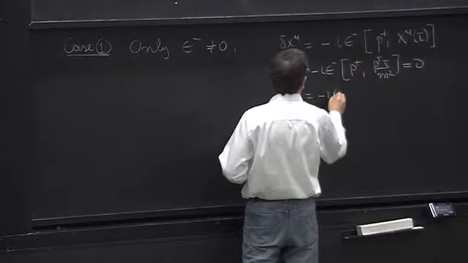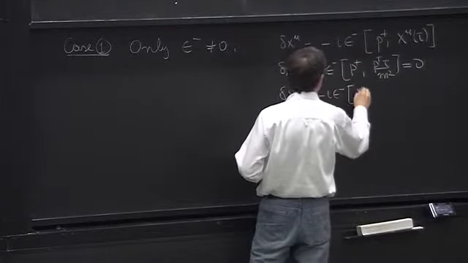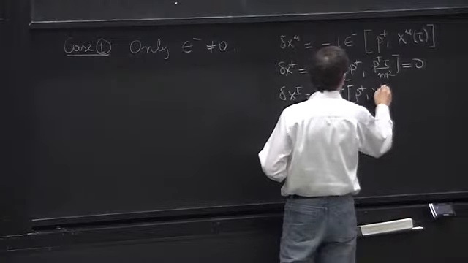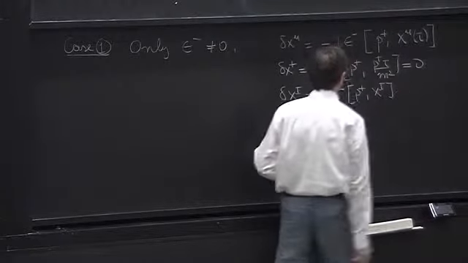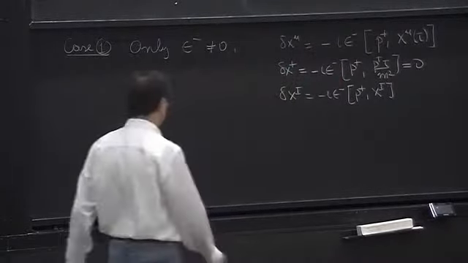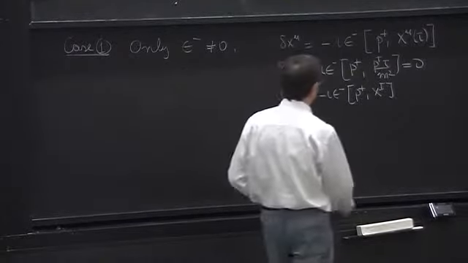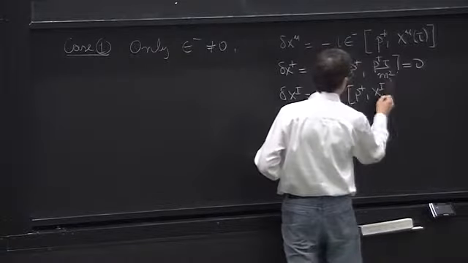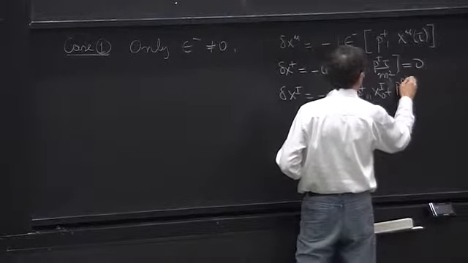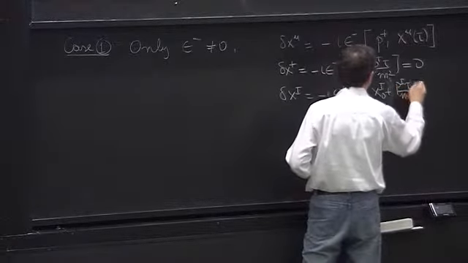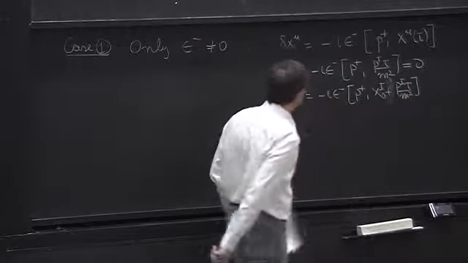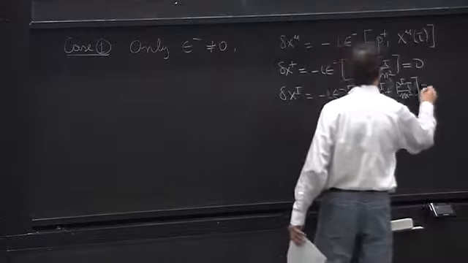It's minus i epsilon minus, p plus with xi. Well, xi is x0 i plus pi tau over m squared, and p plus commutes with that. That's 0. Very good.